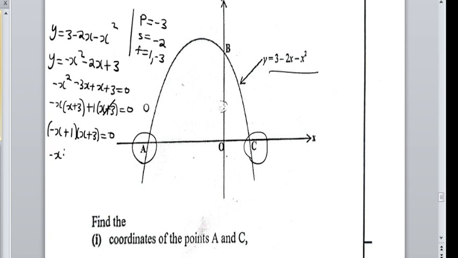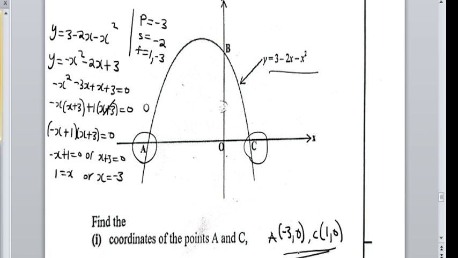So we'll say negative x plus 1 is equal to 0, or we have x plus 3 is equal to 0. So this will give us positive 1 is equal to x, or x is equal to negative 3. So meaning the one which is likely to be negative is where the A is. So the coordinates of A will be negative 3, 0, and the coordinates of C will be positive 1, 0. So that one has been dealt with.